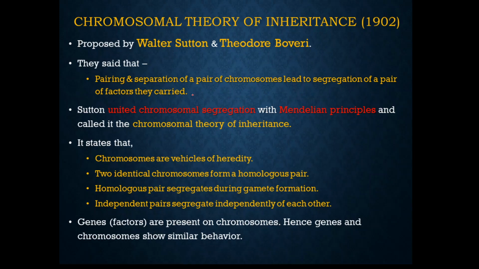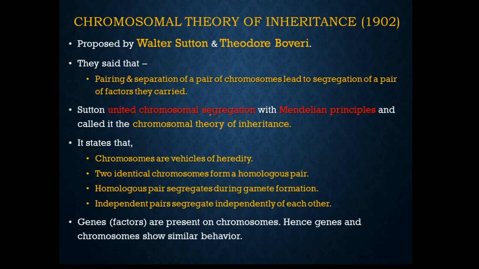Which means that whenever there is segregation of chromosomes, these factors or genes are also carried along with them and are also segregated. So as the chromosomes are segregated, the genes are also segregated. So they are aligning in the same direction. Sutton united the chromosomal segregation pattern.